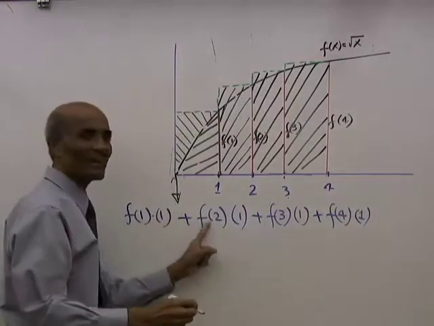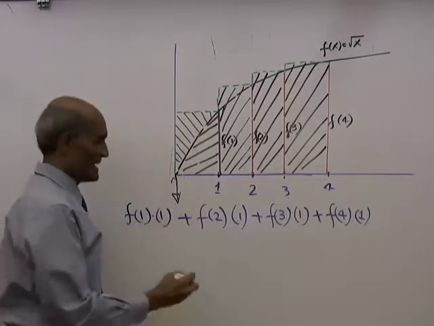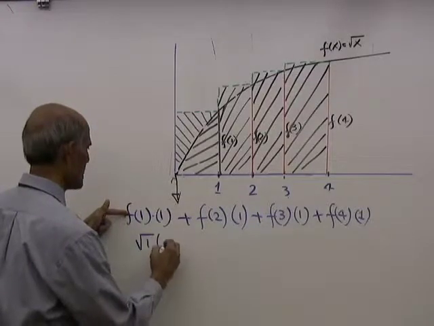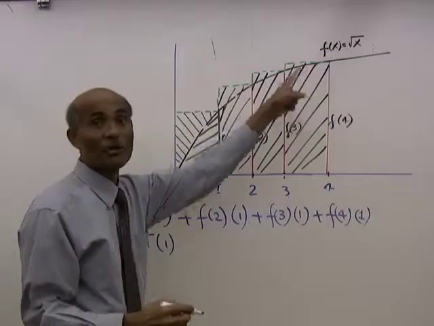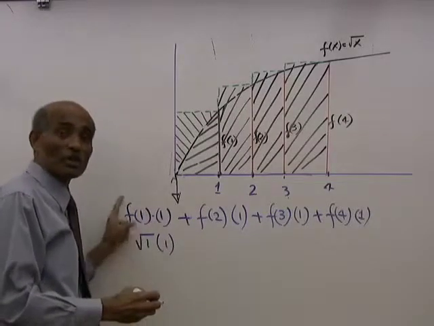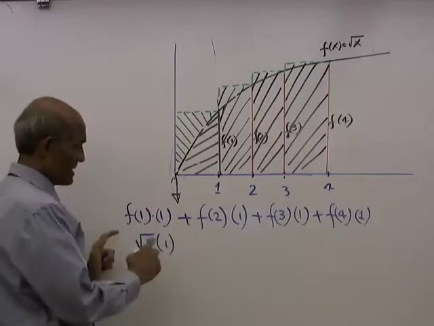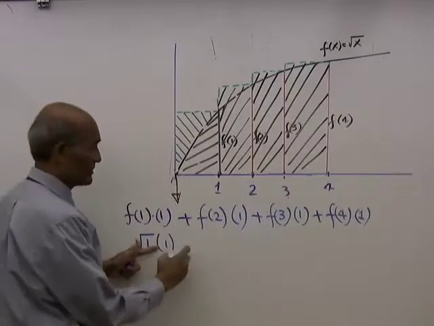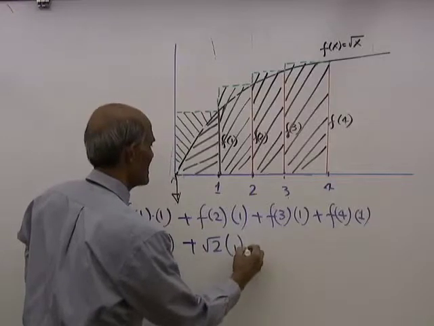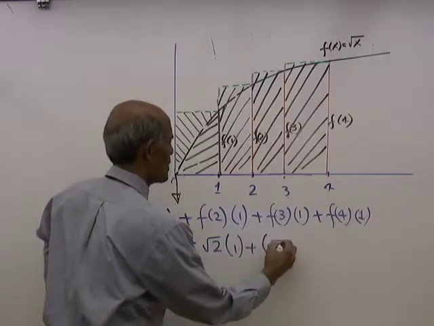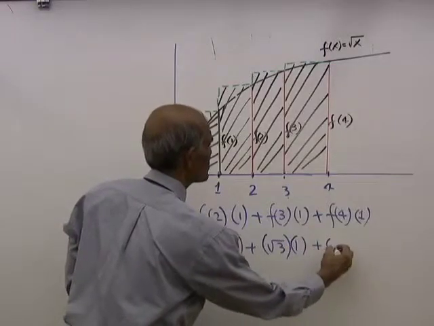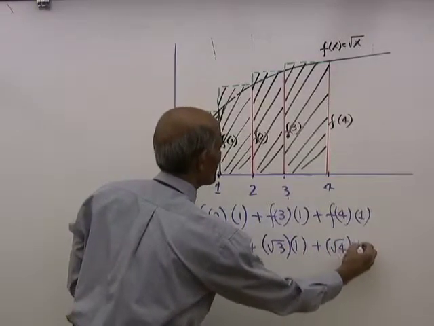That is the area that we actually calculated. And f of 1 means square root of 1 multiplied by 1 for our function. We will replace the f by our function. So height multiplied by the width, plus square root 2 multiplied by 1, plus square root 3 multiplied by 1, plus square root 4 multiplied by 1.